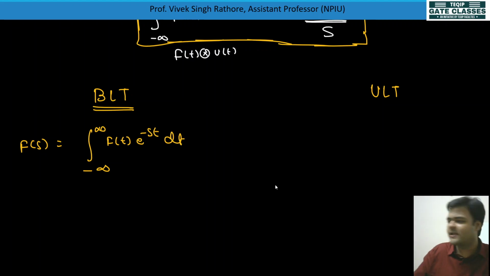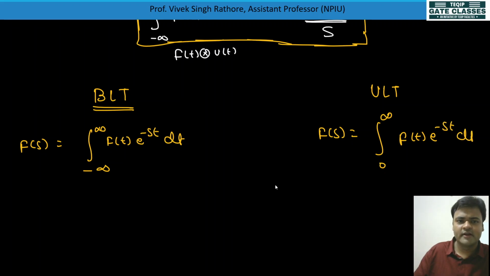But if we consider F of s equal to the integral from 0 to infinite of f of t into e to the minus st dt, then this is the unilateral Laplace transform. So there are many variations in the Laplace transform.